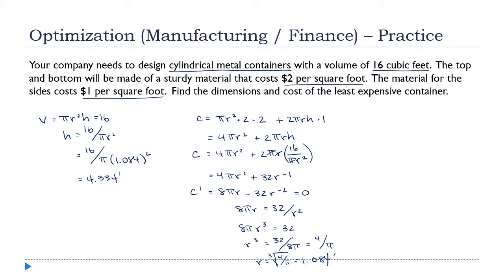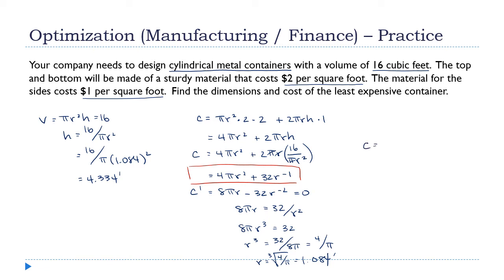Well, pick the easiest version of the function to work with, right? This is the most simplified version of the cost. So that is the one that I would take 1.084 and substitute into.